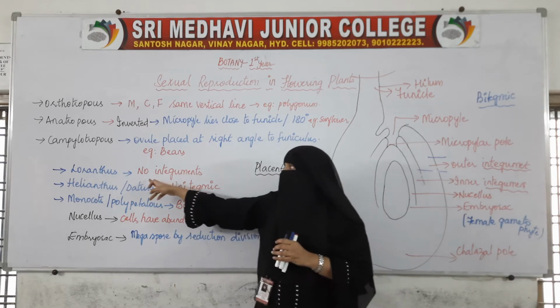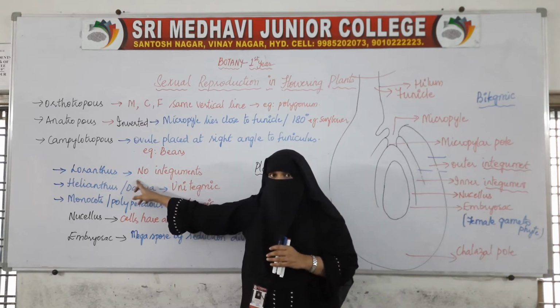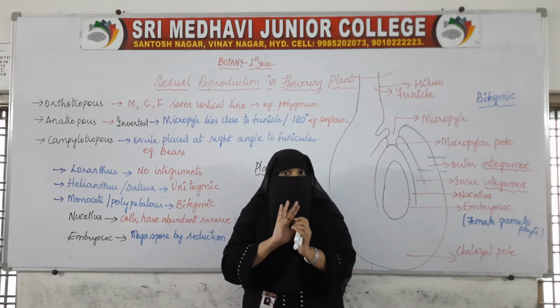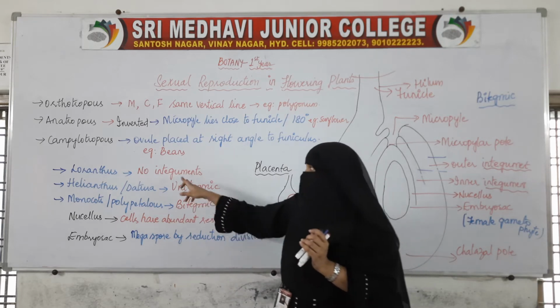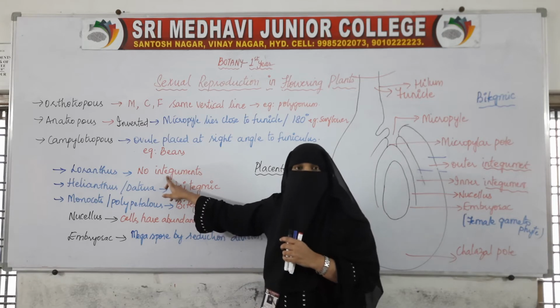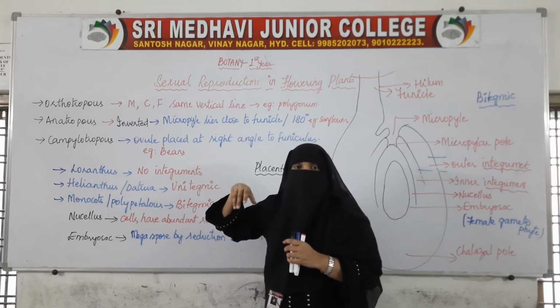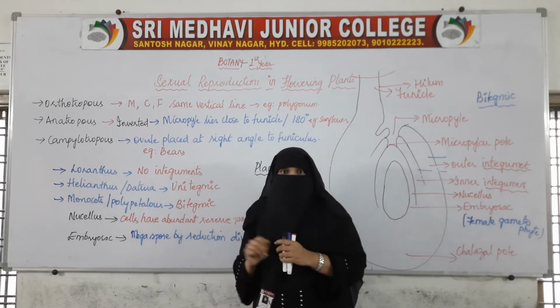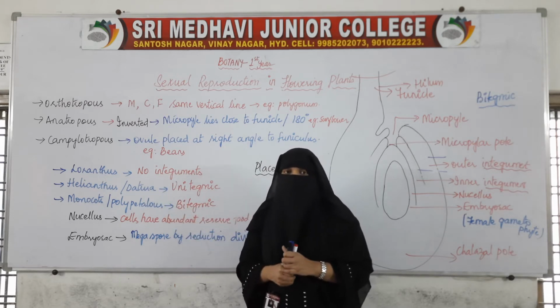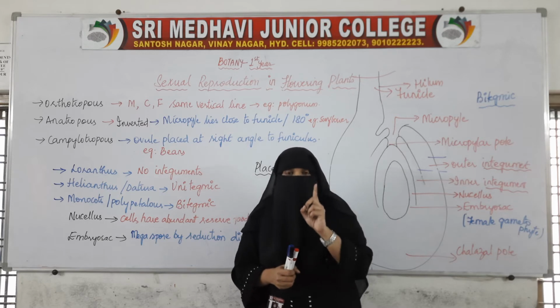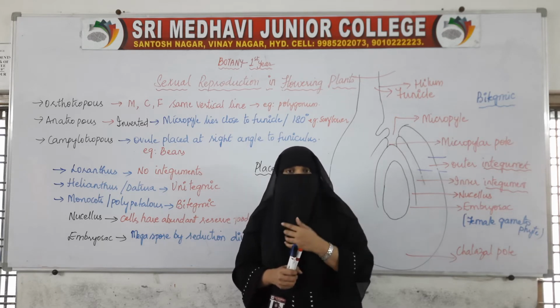The example is Loranthus. In Loranthus, the ovule is not covered by any membrane or integument. In Helianthus and Datura, only one integument covers the ovule.